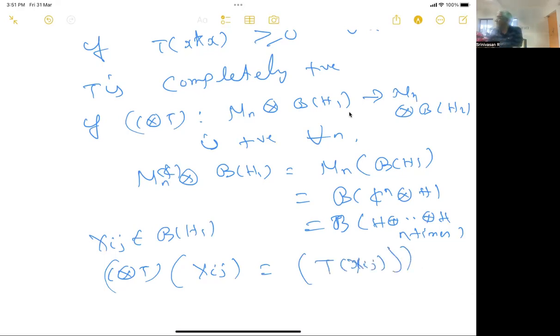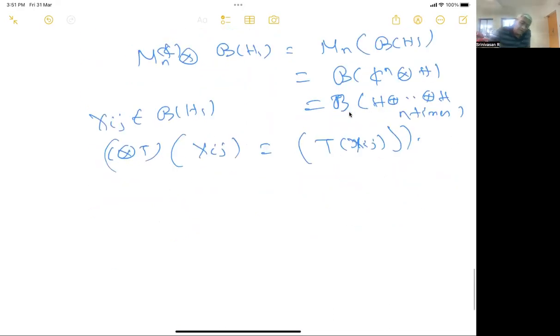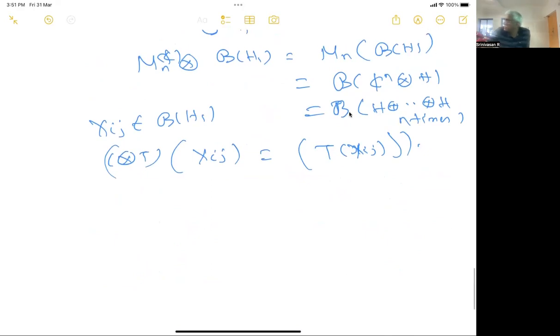That's all. So this is the one tensor T, and this map has to be positive for all n. This is not automatic in the non-commutative setup, even for finite dimensions.